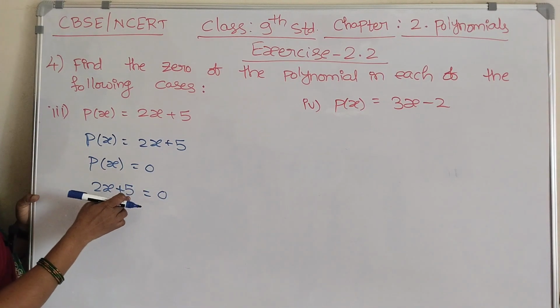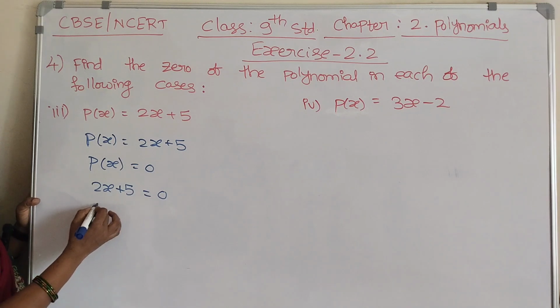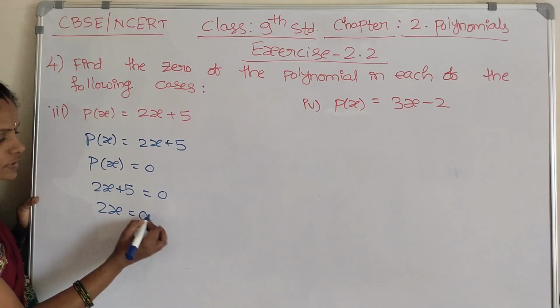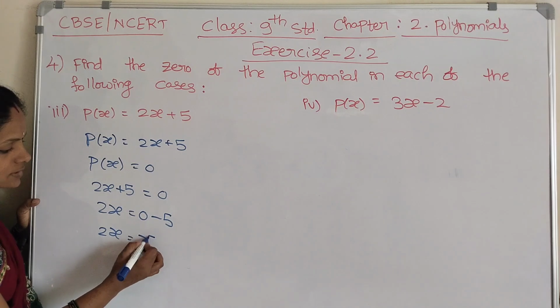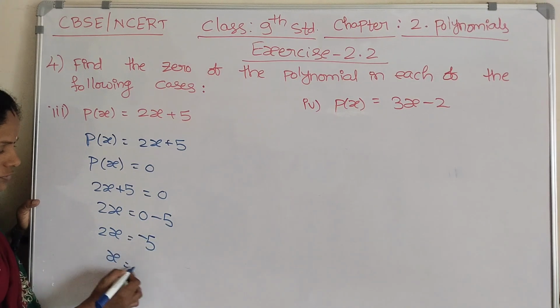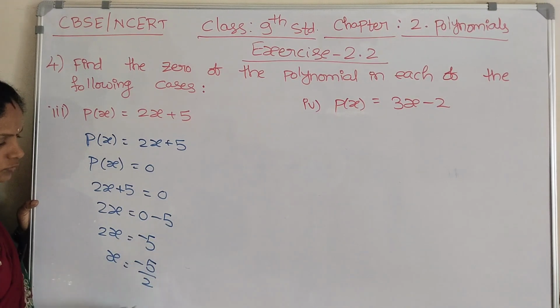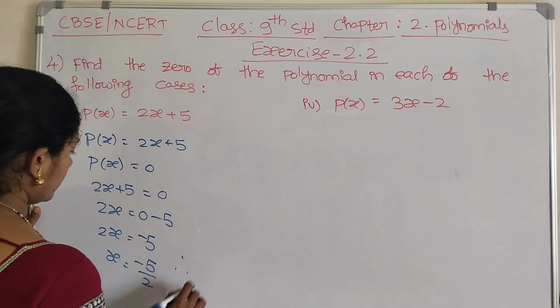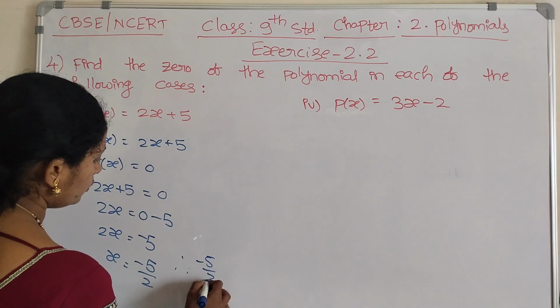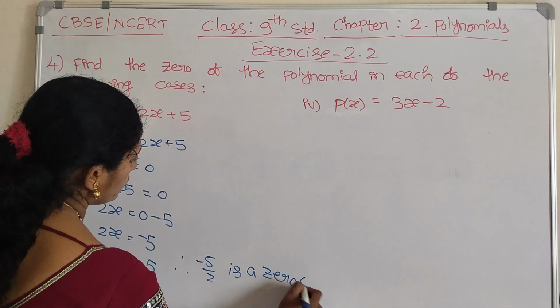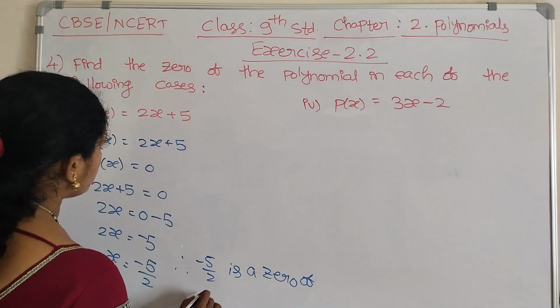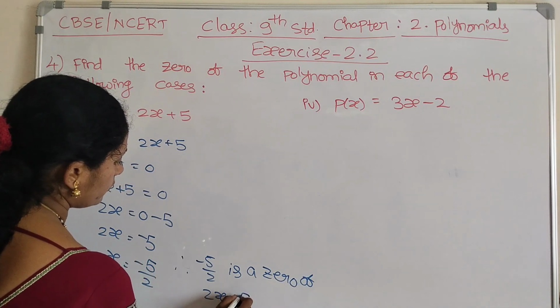First of all, we have to send this plus 5 to the other side. 2x is equal to 0 minus 5. 2x is equal to minus 5. x equals minus 5 by 2. Here we can write minus 5 by 2 is a zero of 2x plus 5.